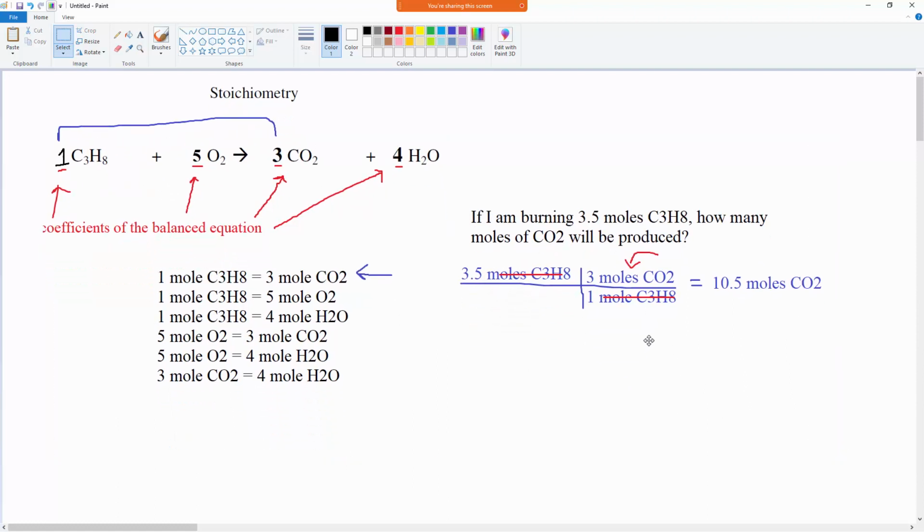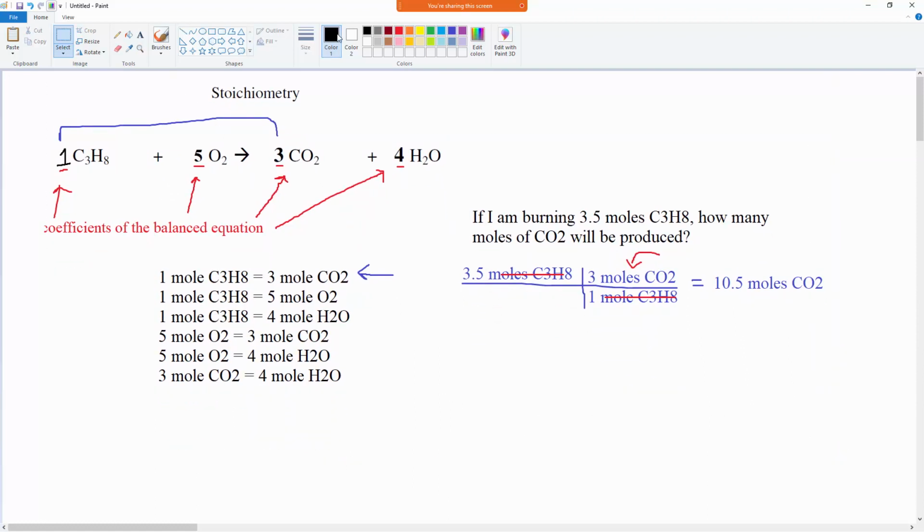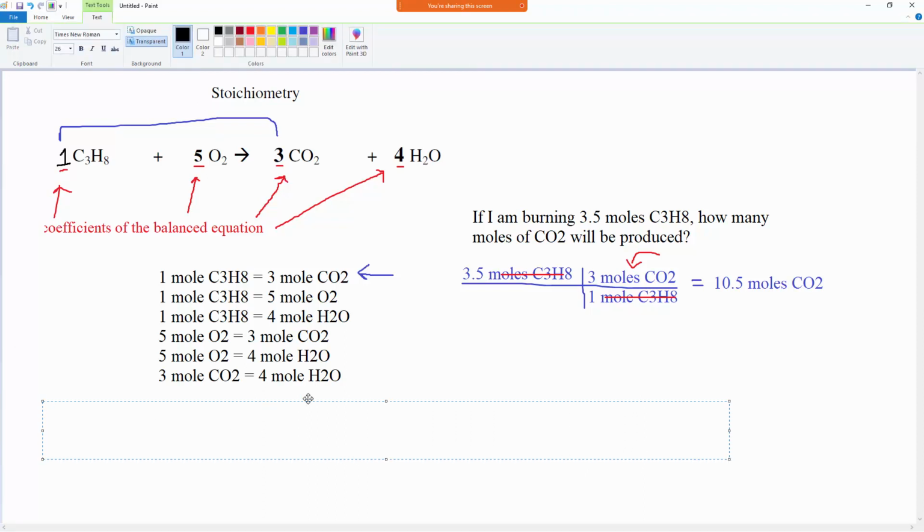Okay. Now let's say, how many moles of oxygen are consumed in the reaction which uses 2.25 moles of C3H8.